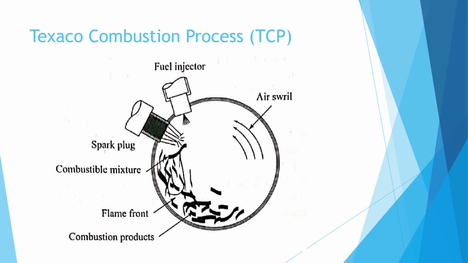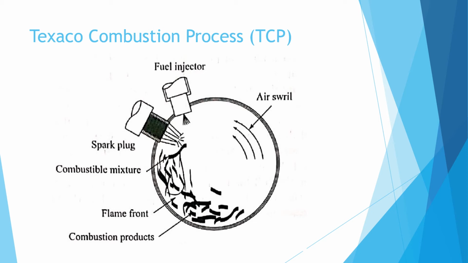At part loads, a small patch near the spark plug has an ignitable mixture while the rest of the chamber has very lean mixture. As the load increases, the area of this patch also increases. At full load, it is just like the homogeneously charged gasoline engine.